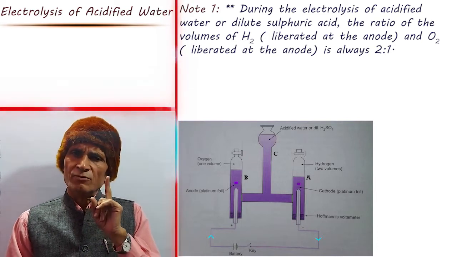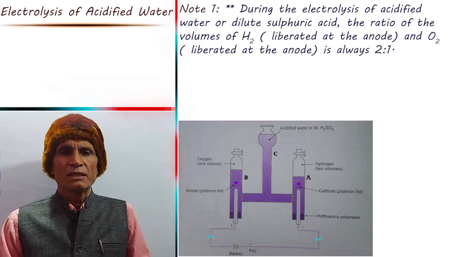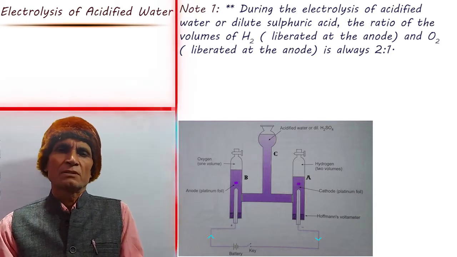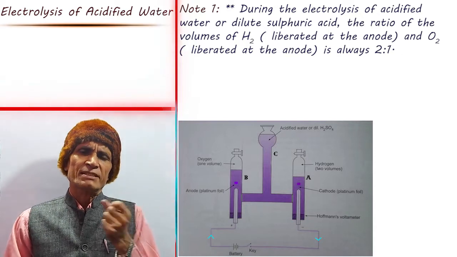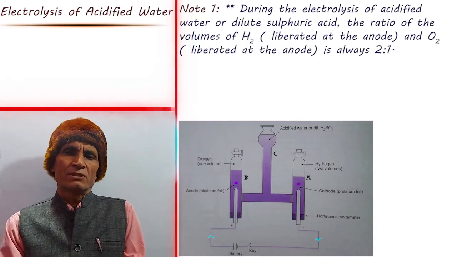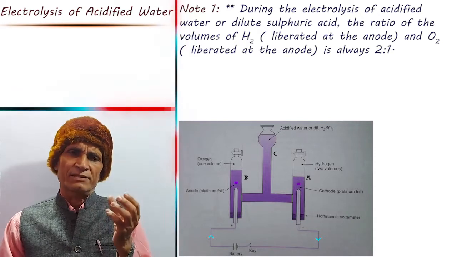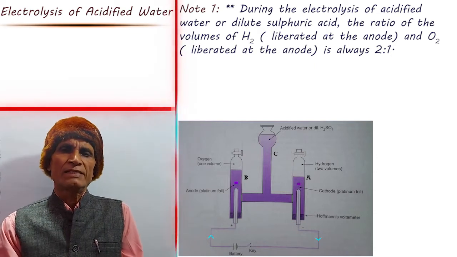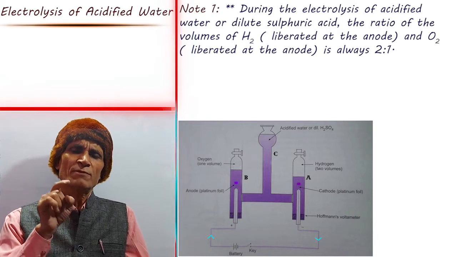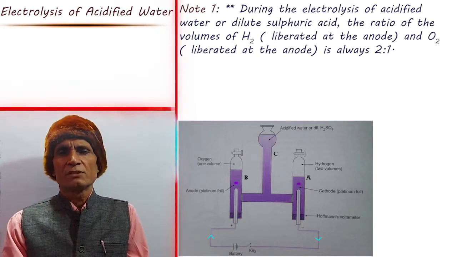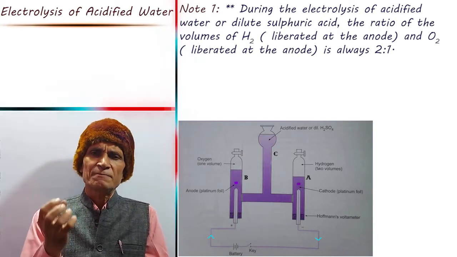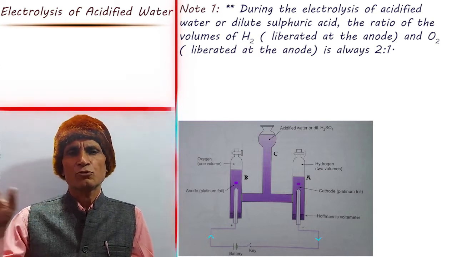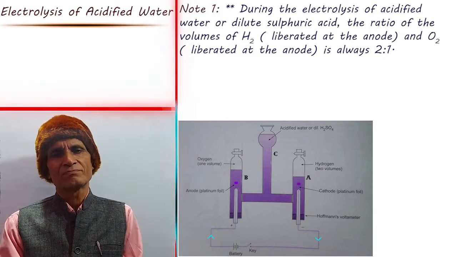Point number 1: in the electrolytic process, the number of electrons given by the anions to the anode is always equal to the number of electrons taken by cations from the cathode. Always.